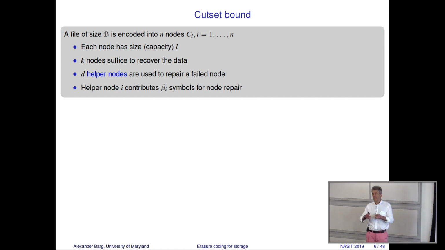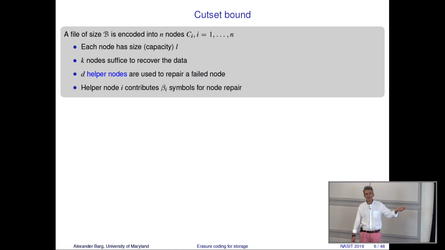So we take information, spread it around n nodes in storage. Each node has size L. So we store L symbols of the field on the node. K nodes suffice to recover the data. K may be related to the dimension of the code, maybe not. In general, it will be throughout most of my presentation, but in general setting, it is simply that K nodes suffice.